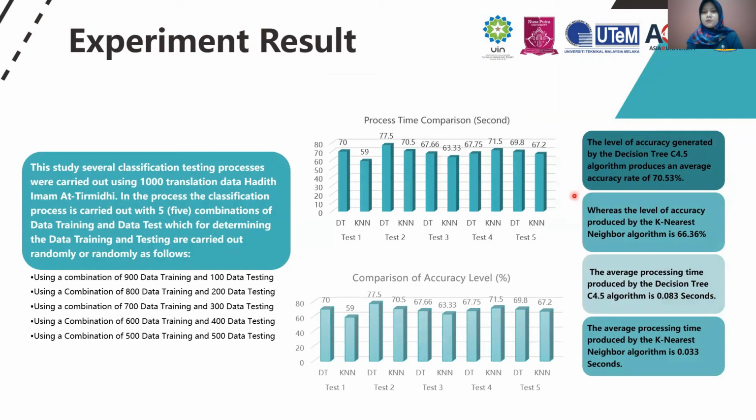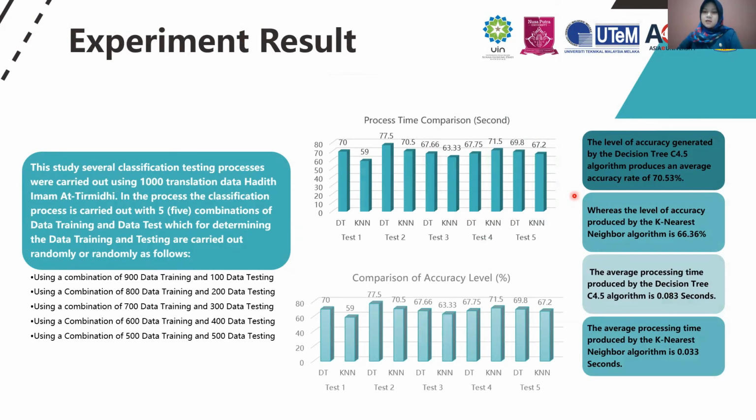Then we have the level of accuracy generated by decision tree C4.5 algorithm has an accuracy rate around 70.53%, whereas the level of accuracy that produced by k nearest neighbor algorithm is around 66.36%.